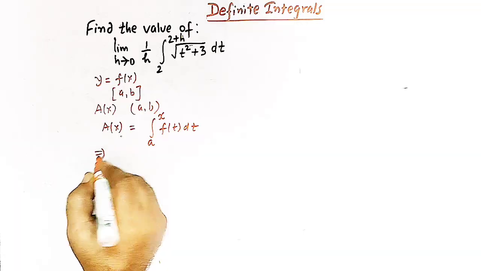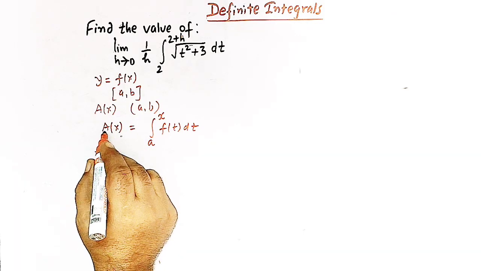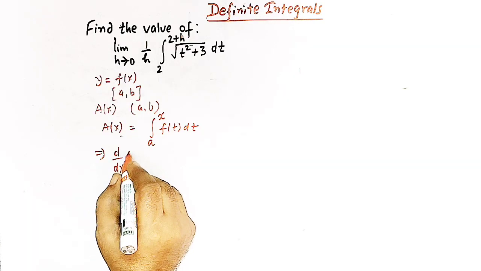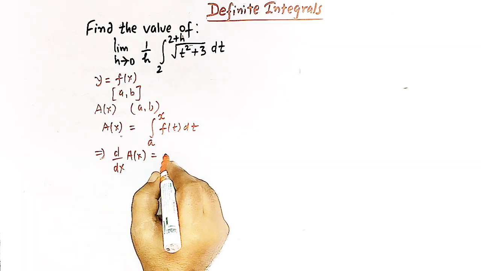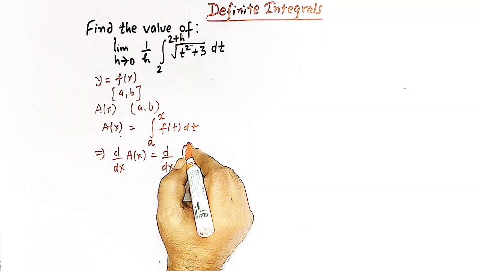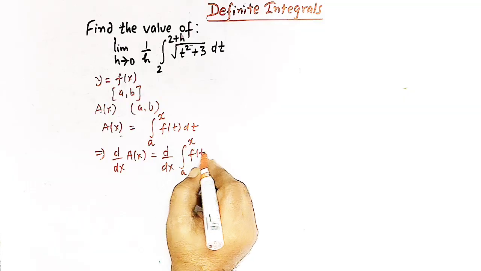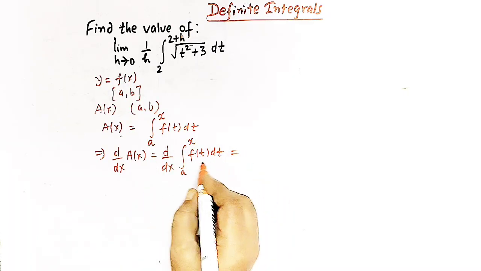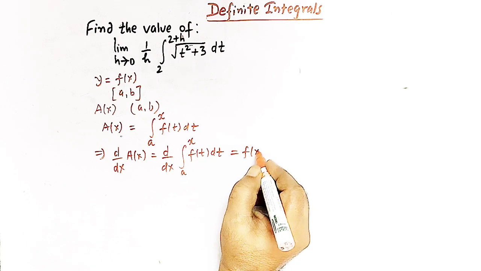Then the derivative of A of x, that is d by dx of the integral from a to x of f of t dt, is equal to f of x.